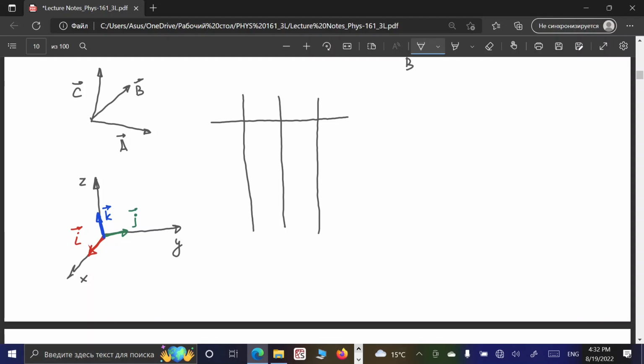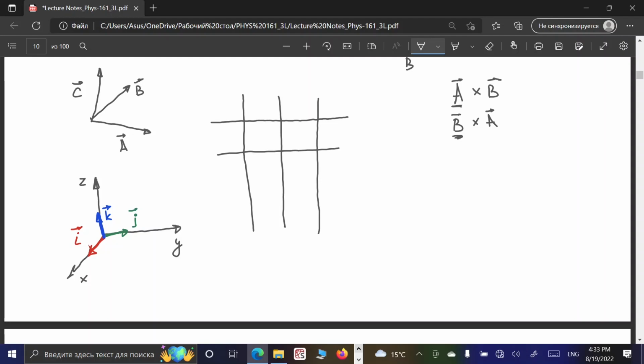That depends: if you have a vector cross product b vector, then you are right. If you have b vector cross product a vector, then it should be in the opposite. It should go from b vector first and then a vector. Everything is defined by what stands first, a or b.